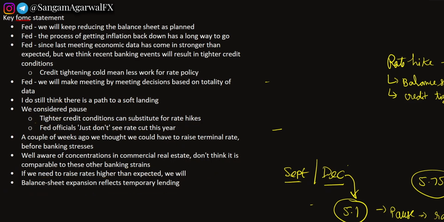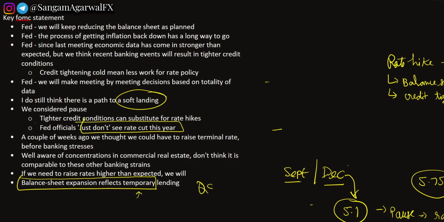And I think the most important things in all of these statements are soft landing, no rate cut this year, and balance sheet expansion was temporary. These three things are important, because if this is not temporary, then QE monetary policy has already started.